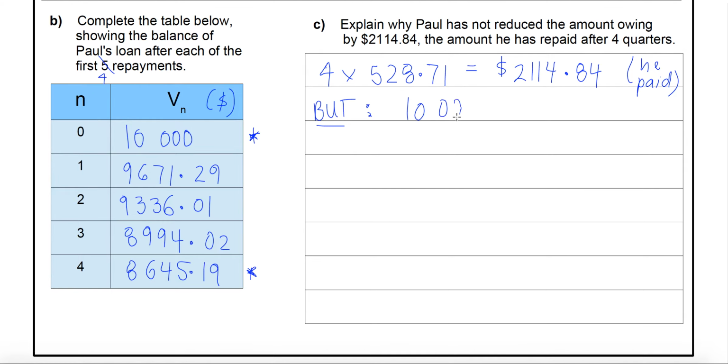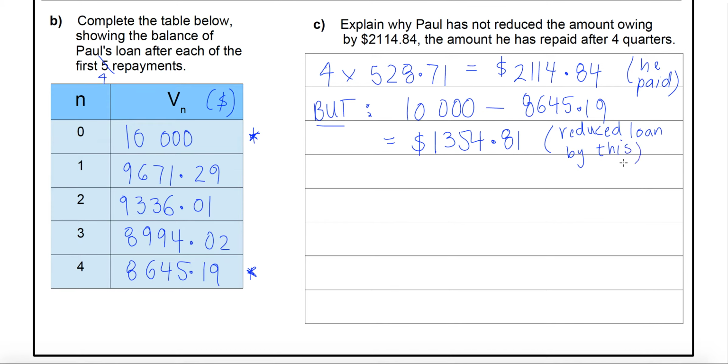If we have a look at the difference between those two values, what we'll see is he's actually only reduced his loan by this amount. So he's paid over $2,000. However, he's only reduced the loan at this point by $1,300. Now, why has this happened?